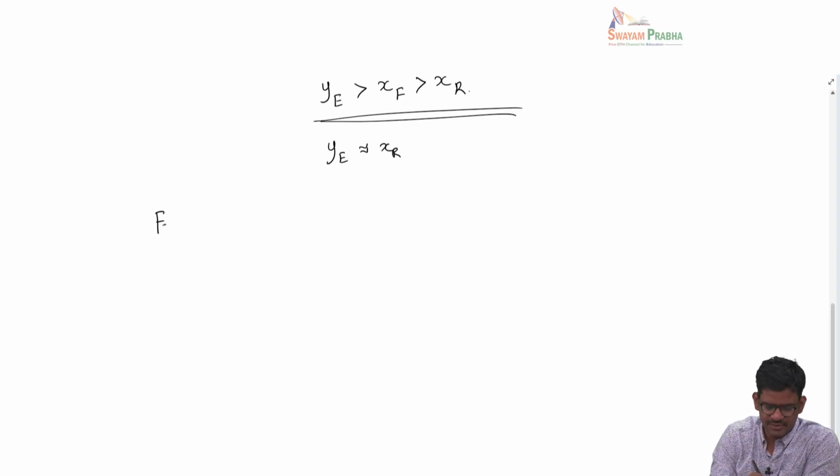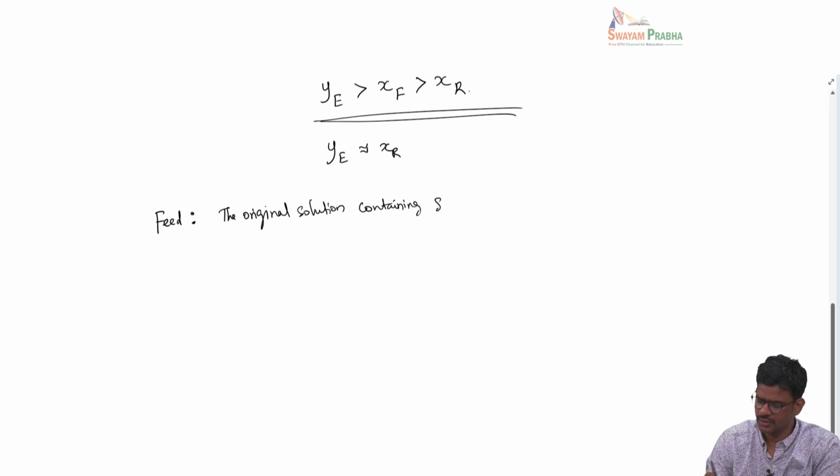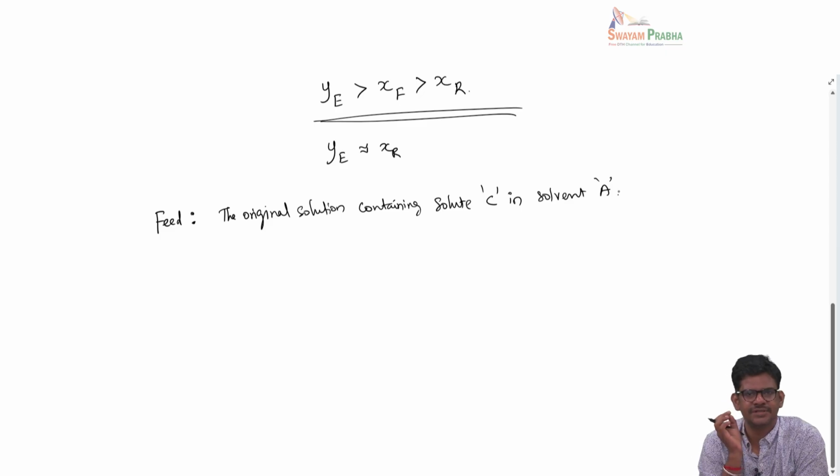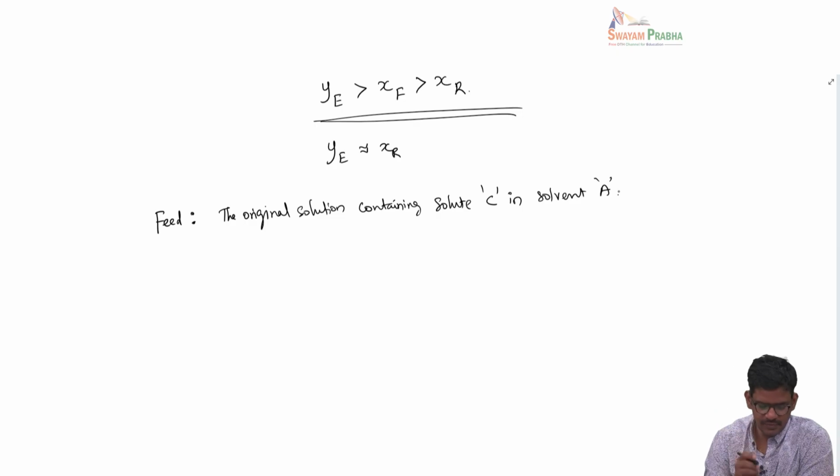So feed, for example. This is the original solution containing solute C in solvent A. So now I am using some letters here: I use the letter C for the solute and the letter A for the solvent in the original solution. Then we have solvent.